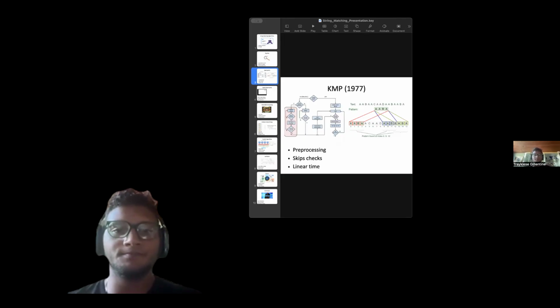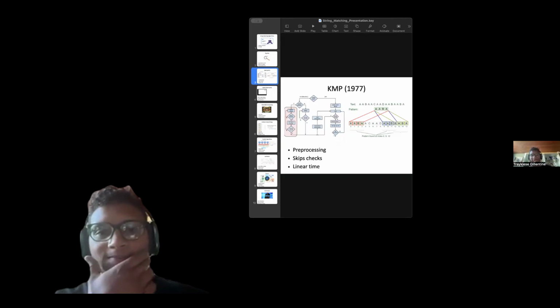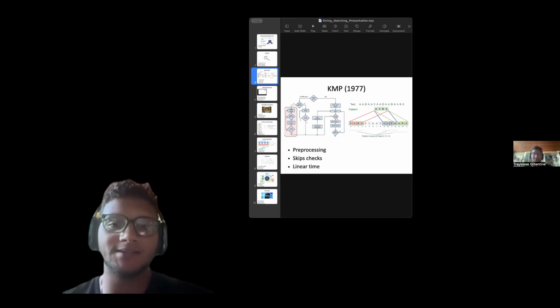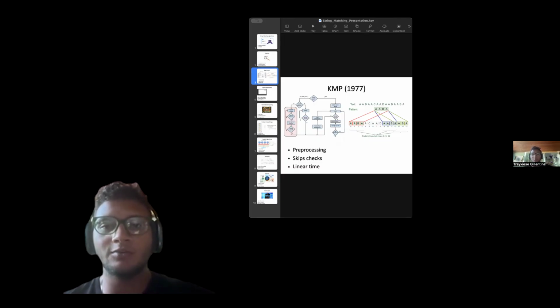KMP started in 1977. One of the earliest breakthroughs was the Knuth-Morris-Pratt algorithm, or KMP, introduced in 1977. Before KMP, the naive method simply checked every possible starting position, which meant rechecking the same characters over and over again. KMP solved this by introducing a pre-processing step that builds a failure table.